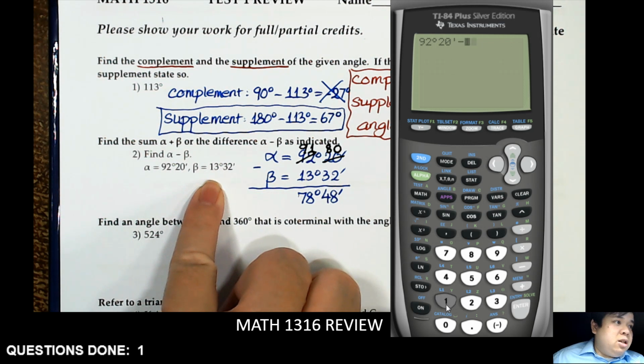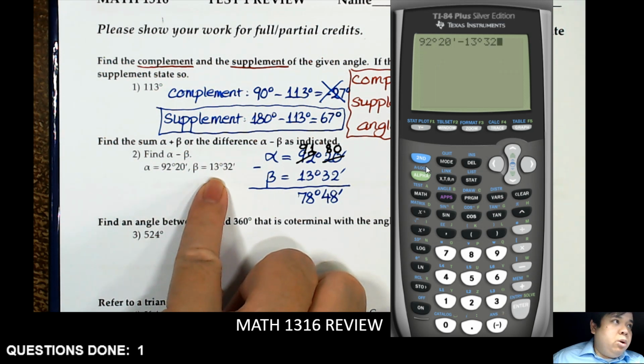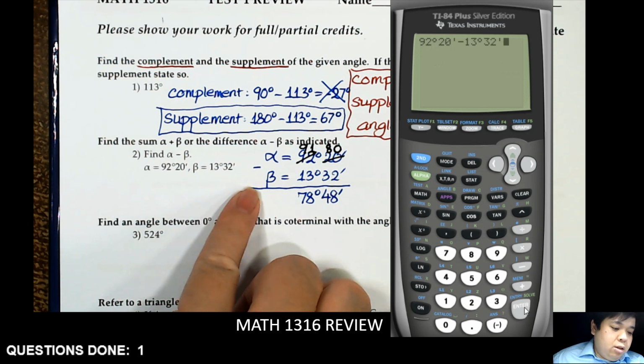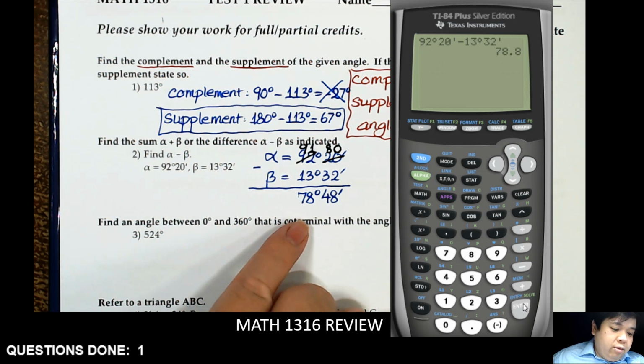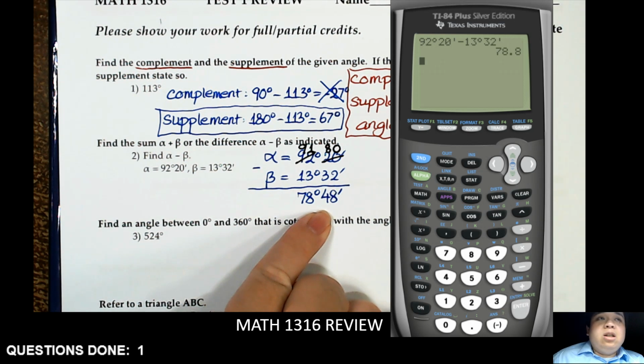Subtract 13 degrees 32 minutes, and we have that. If we want the answer in degrees, minutes, seconds, second application, go to number 4, degree minute second, and that's what we have.